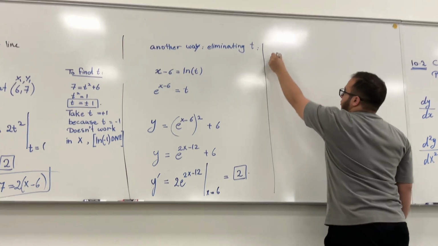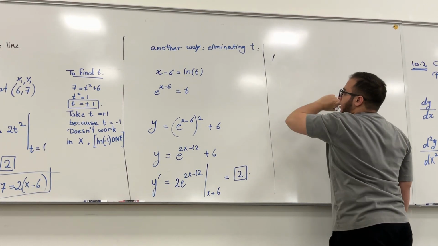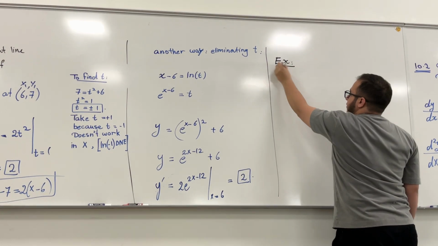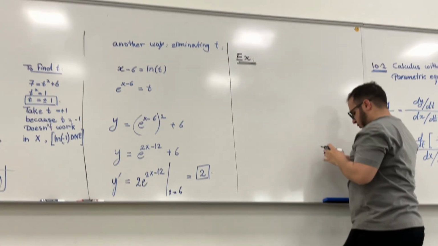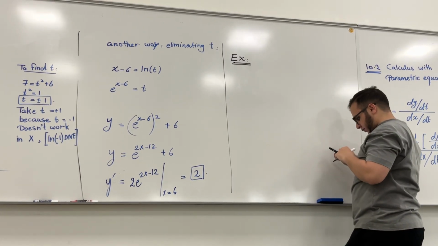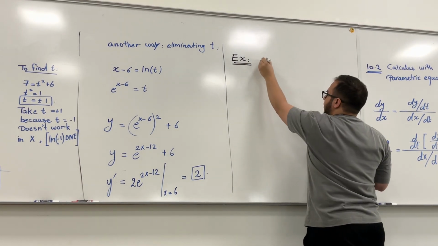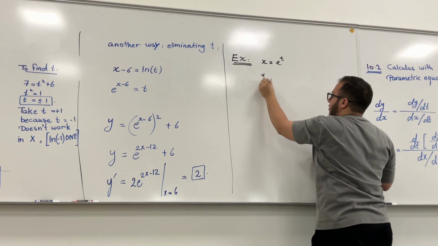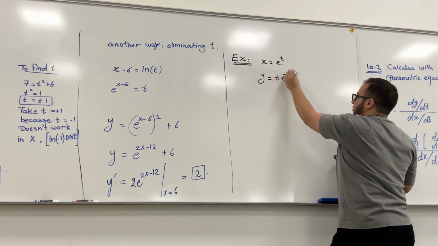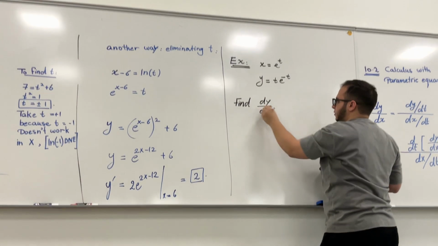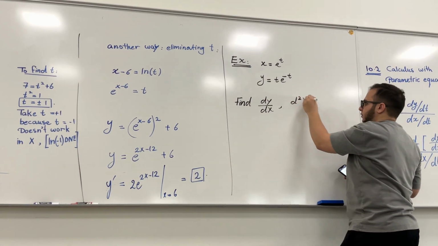Just a couple of applications here. But let me do a question on the second derivative. x equal e to the t, y equal t e to the minus t. So find dy/dx and the second derivative.